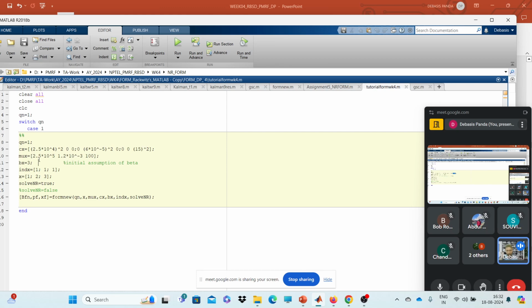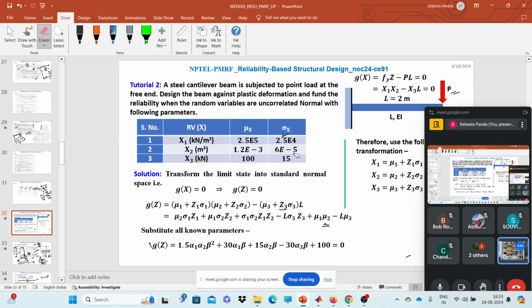Similarly, you need to define the values of the mean, mu. For the first variable the mean is this, for the second variable the mean is this, and for the third variable the mean is this. These are already given here. If you know the mean values and the standard deviations of these three random variables, you can find the covariance matrix.